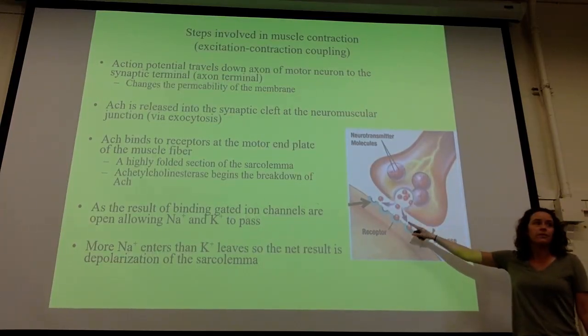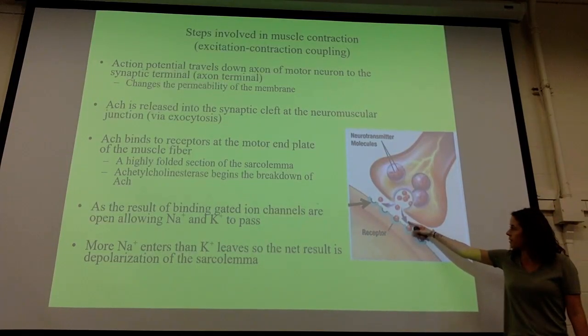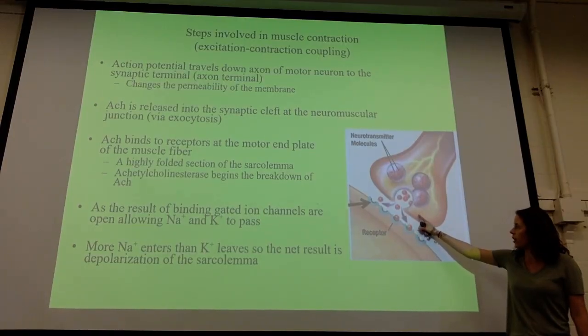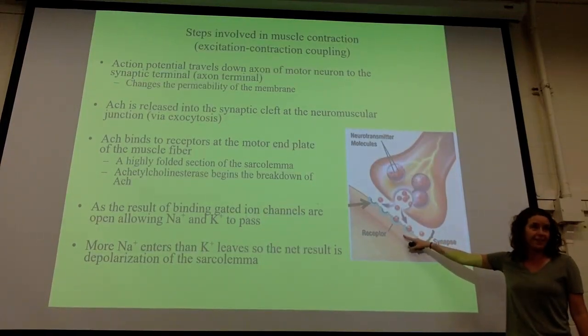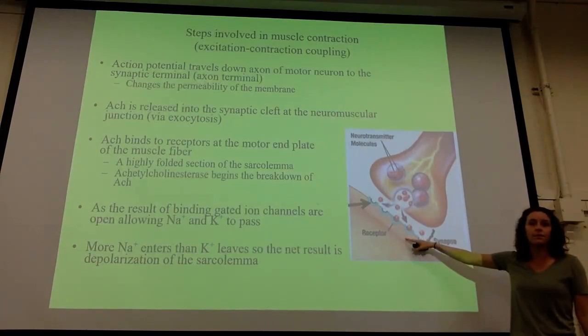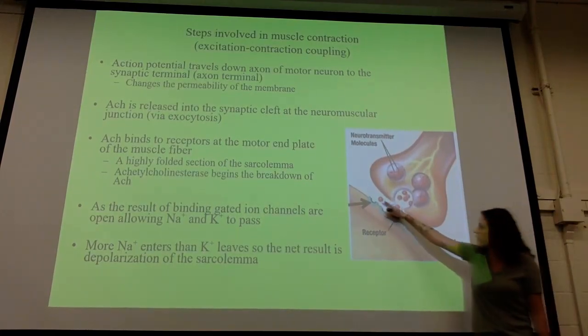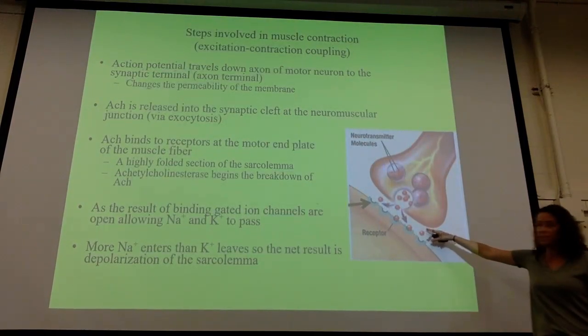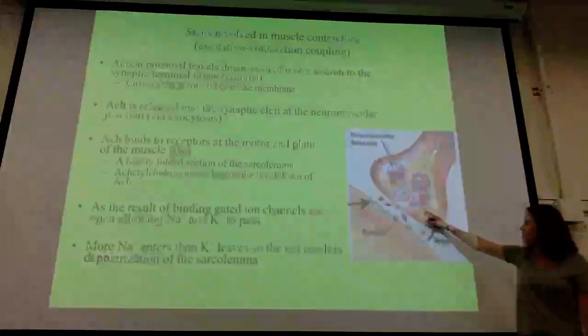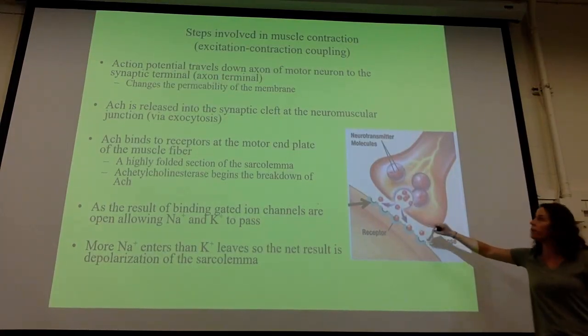The synapse is just the name for the space between the neuron and whatever comes next. The synapse is this space right here. The synaptic terminal is just the end of the motor neuron.